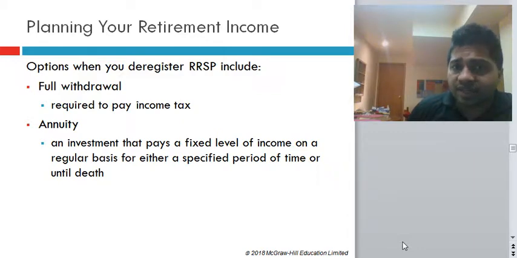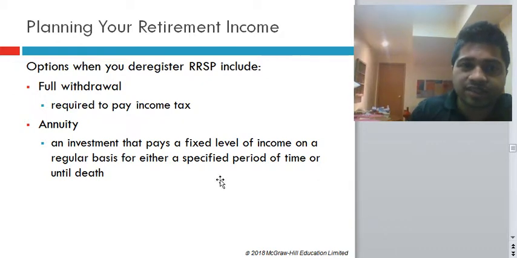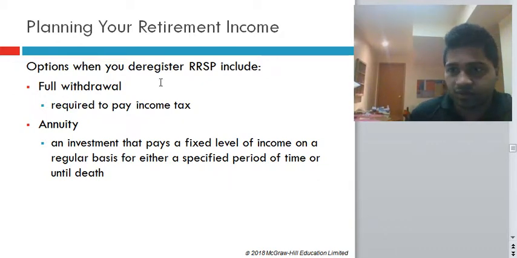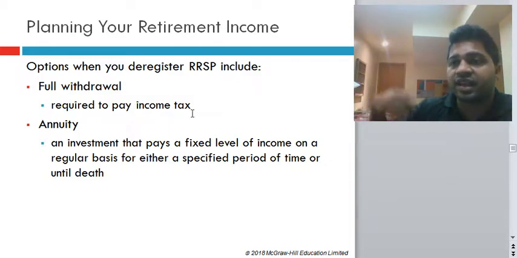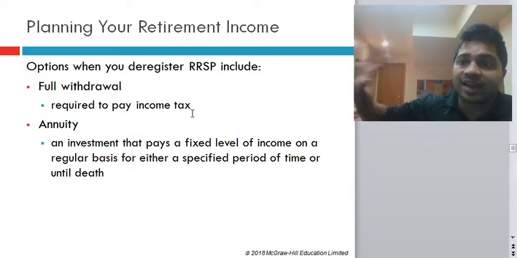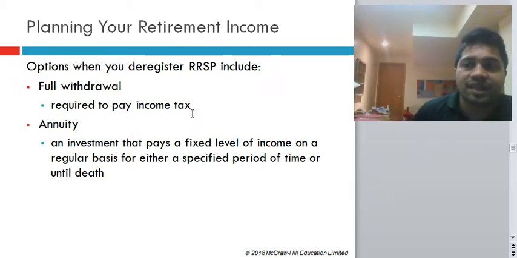Now when you retire, you can use your proceeds in different ways. Let's say I retire with a $1 million retirement fund. The first option is I can fully withdraw it. I can withdraw 1 million and put it in my savings account, but I will have to pay very high income tax, because that entire 1 million will be treated as my income.